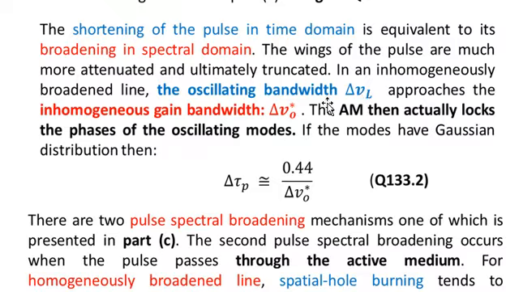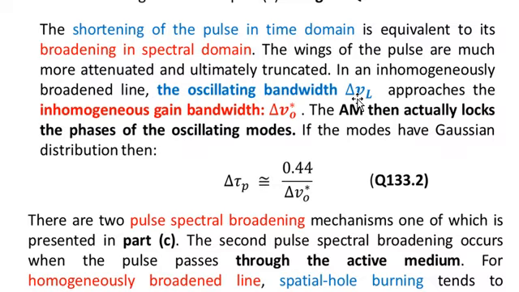So the oscillating bandwidth delta nu L approaches the inhomogeneous gain bandwidth. The inhomogeneous gain bandwidth has been discussed in one of the earlier slides, and you know that it is represented by delta nu naught star.